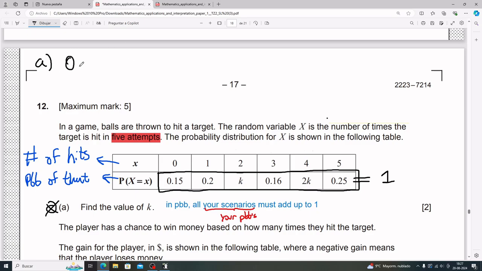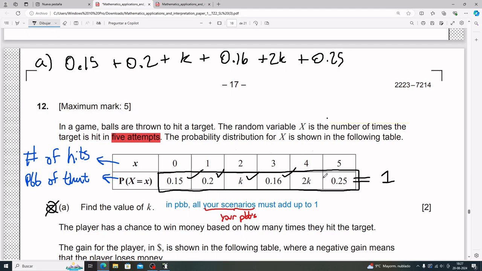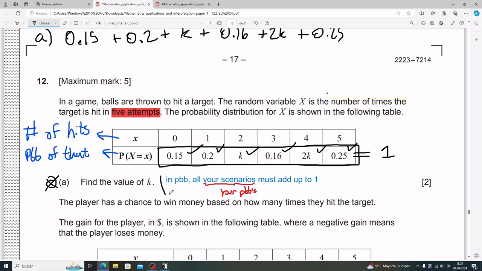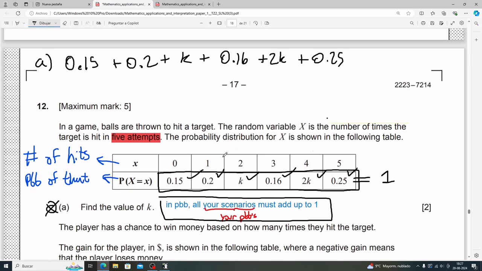All you need to do is add all the probabilities. So 0.15 plus 0.2 plus k, so that's these 3 right there, plus 0.16 plus 2k plus 0.25, which is these other 3. So all of these probabilities added together, as I say here, in probability, all your probabilities must add up to 1, all your scenarios must add up to 1, have to equal 1.